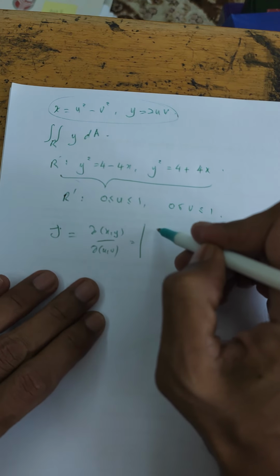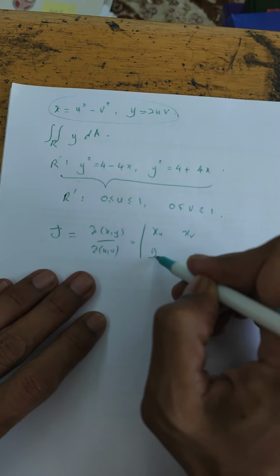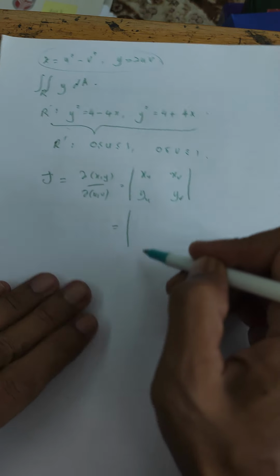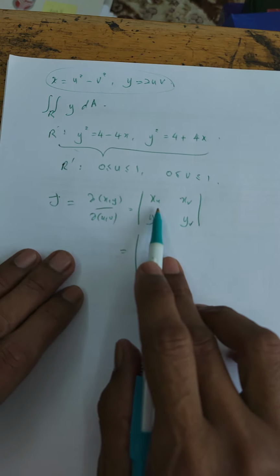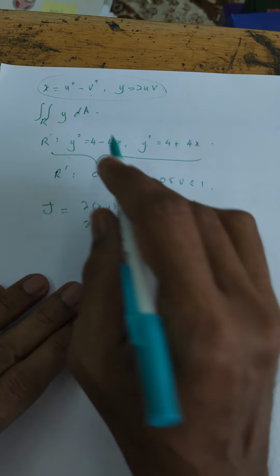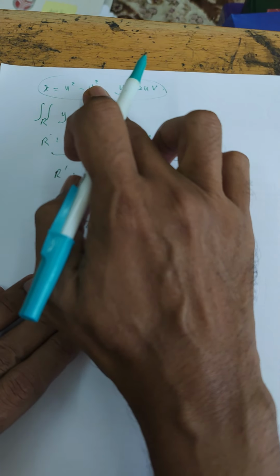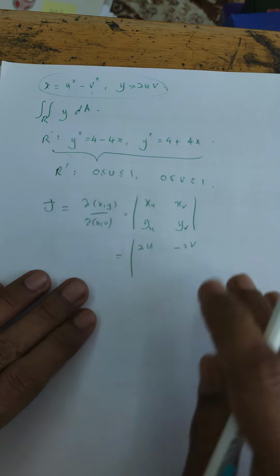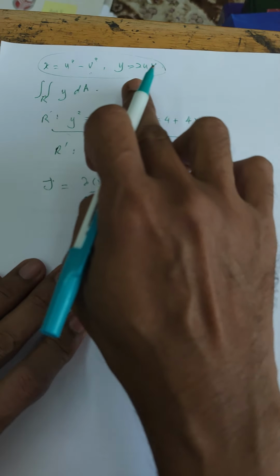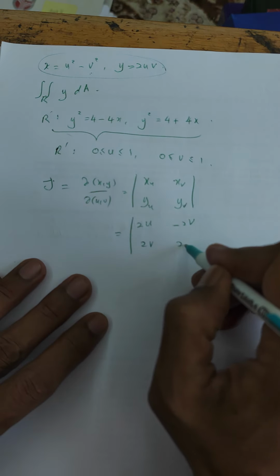So this is the determinant with x_u, x_v, y_u, y_v. We have x_u is 2u, x_v is minus 2v, y_u is 2v, and y_v is 2u.